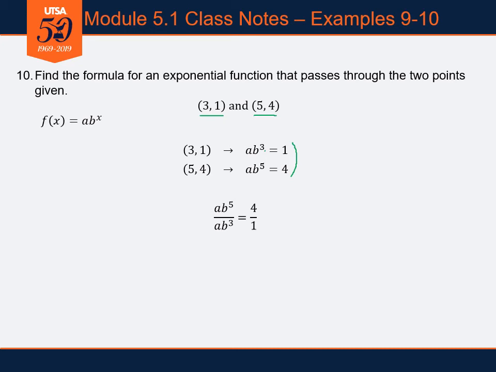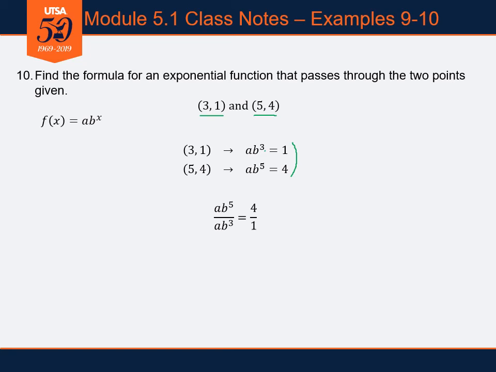I'm dividing a b to the 5th by a b cubed, and I'm dividing 4 by 1. I'm literally taking those 2 equations and combining them together by dividing both sides of the second equation by the first equation.